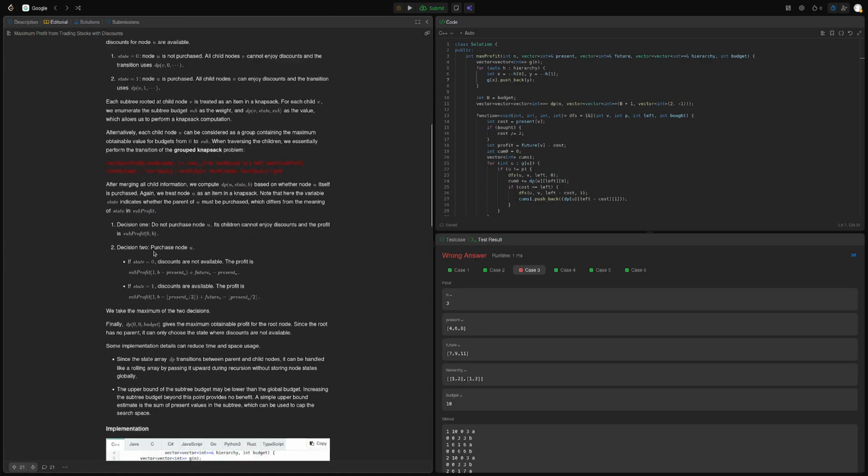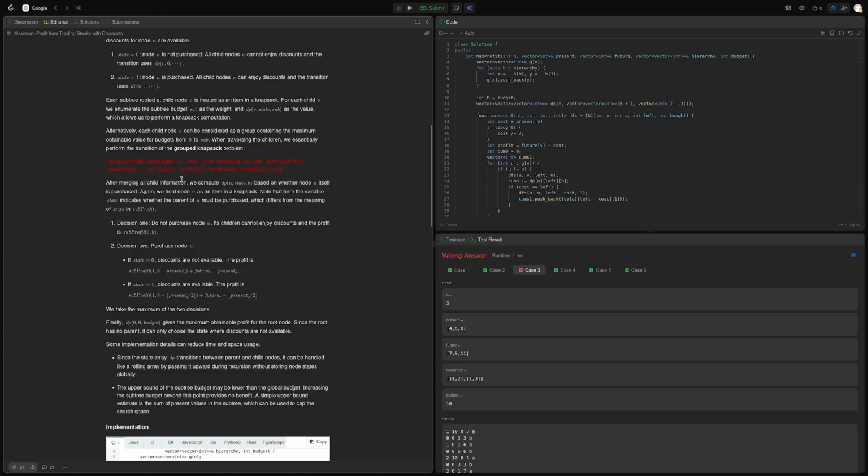Awesome that I cannot read this. After merging all child information, state is 0, so it's subprofit 1, P minus present U plus future U. I'm not sure about this.